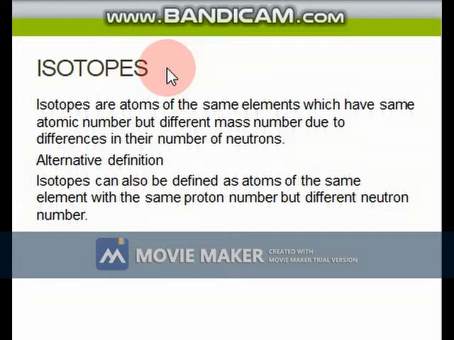Another alternative definition states that isotopes are atoms of the same element with the same proton number but different neutron number. This diagram shows a typical example of an isotope. This is a carbon atom.